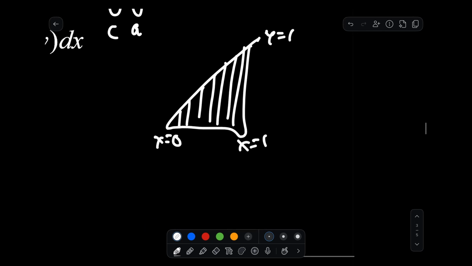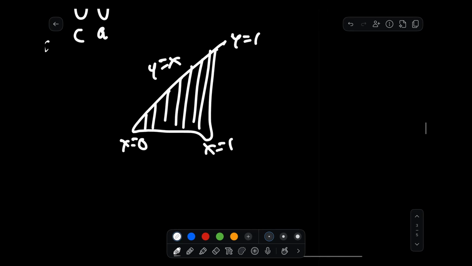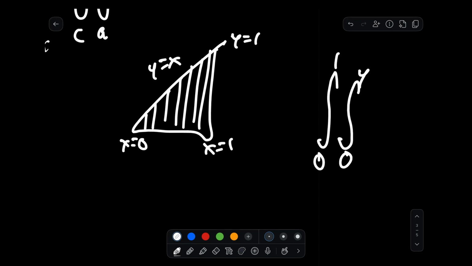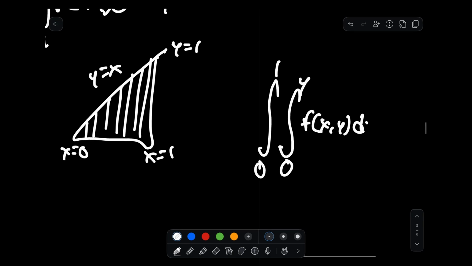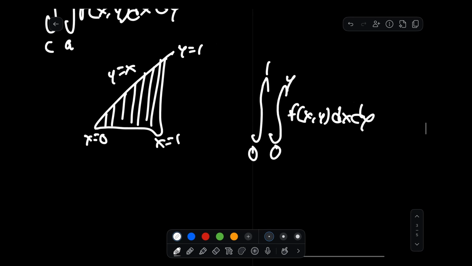We know that our y is always going to be bounded by y equals x. So it's going to be from 0 to y, and then from 0 to 1 of some f of x, y, dx dy, right? And that's how we get the result.